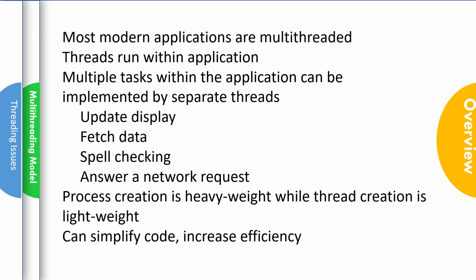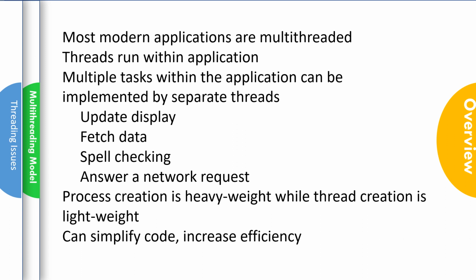For example, a word processor. A word processor has multiple tasks to do simultaneously. Like here we are saying this update the display. So when you are typing a document in a word processor, that word processor is reading the text that you are entering into that document. Apart from that, it is also simultaneously updating the display to give it the formatting that you want it to have.